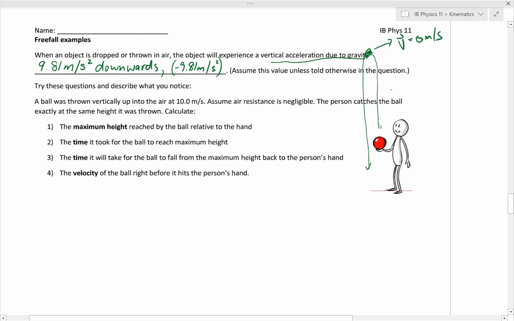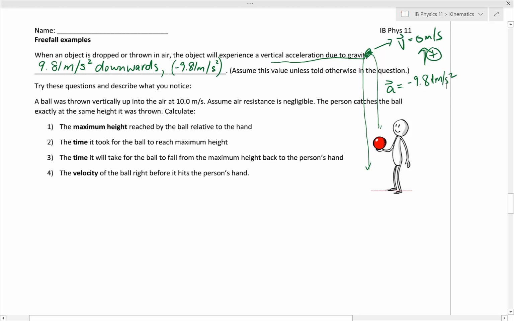And all the time we know acceleration is being applied. I'm going to label upwards as positive. So because gravity is acting in the downwards direction, it's negative 9.81 meters per second squared.